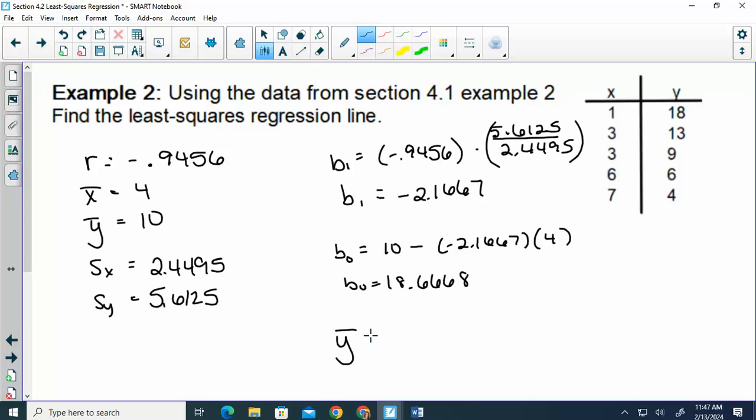So our prediction equation, or regression line, y hat equals negative 2.1667x plus 18.666.